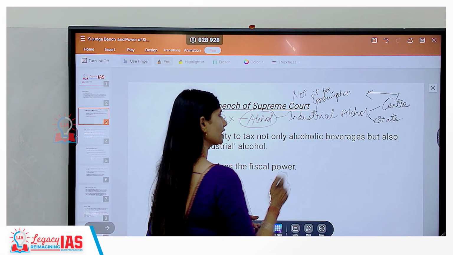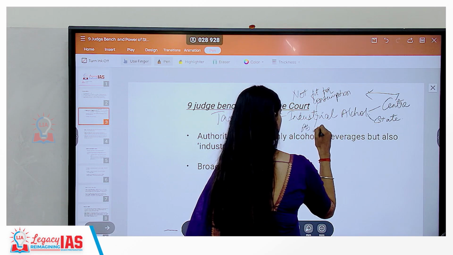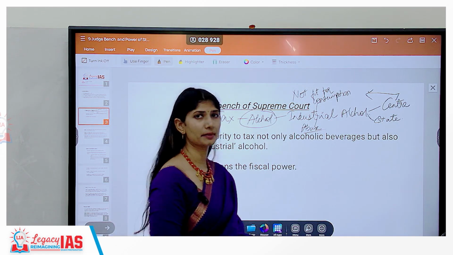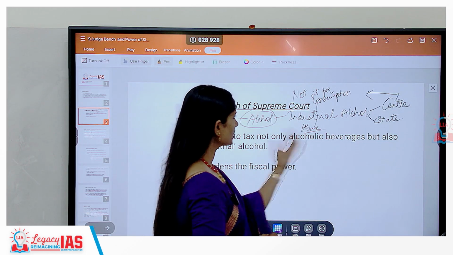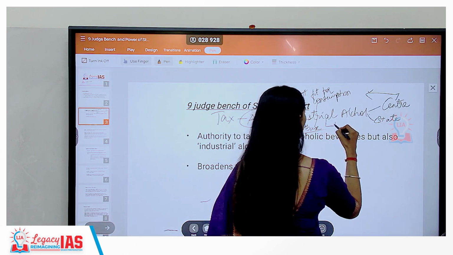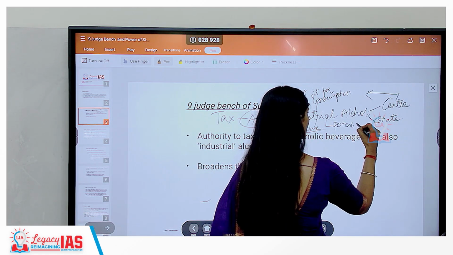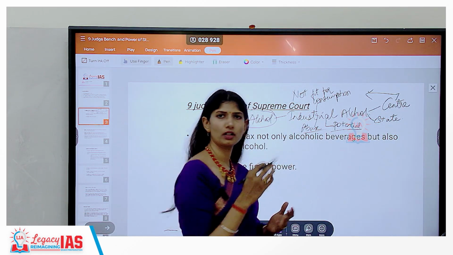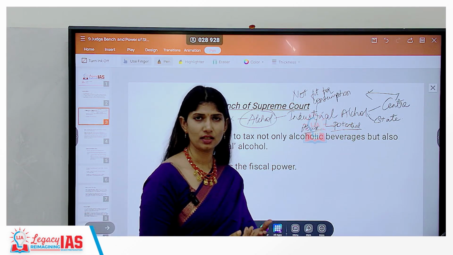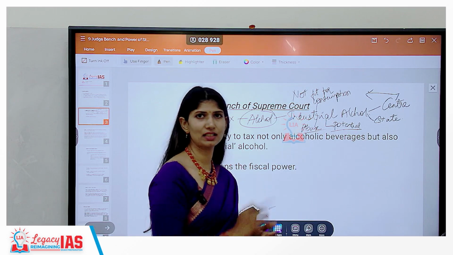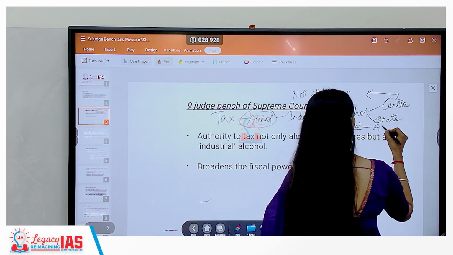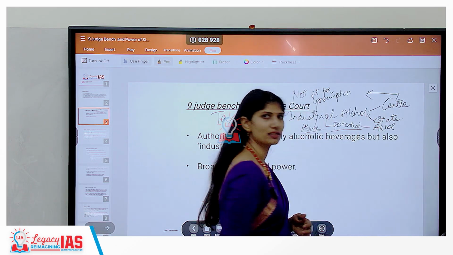But there is a lot of abuse around it, people end up drinking it. Another thing is that industrial alcohol manufacturing has the potential to be masked and used for illegal production of alcohol, which puts it right in the state's domain.